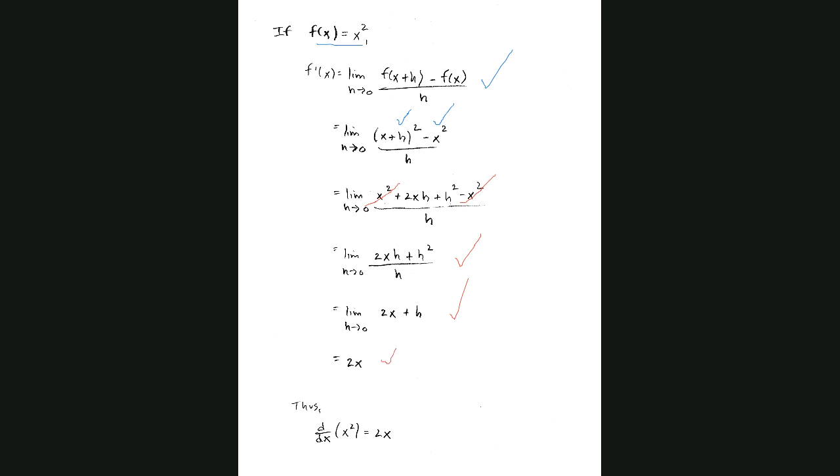This means then that, and I'll state the statement here, the derivative of x squared with respect to x equals 2x.